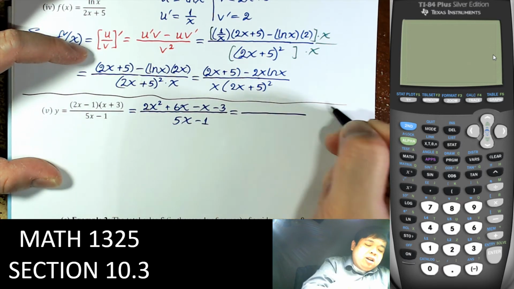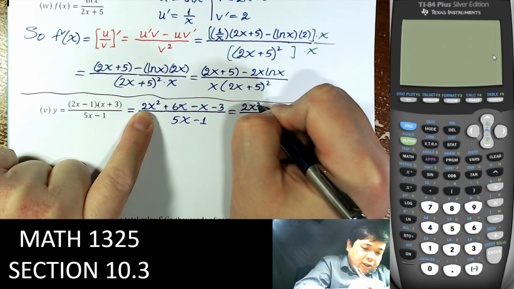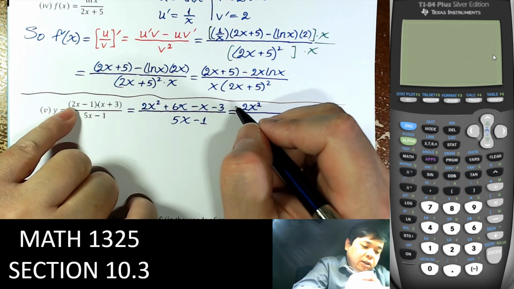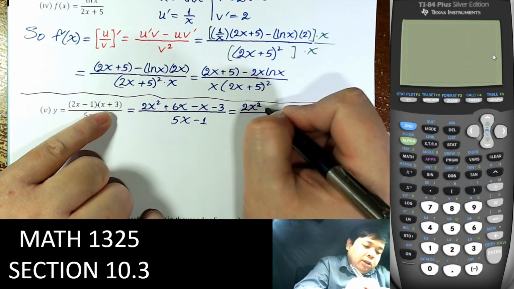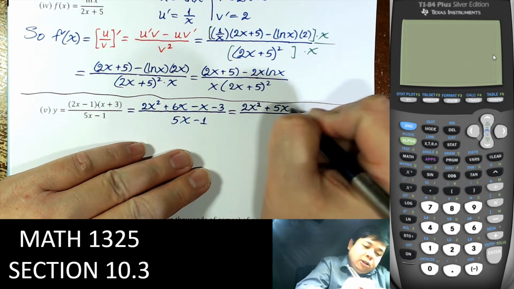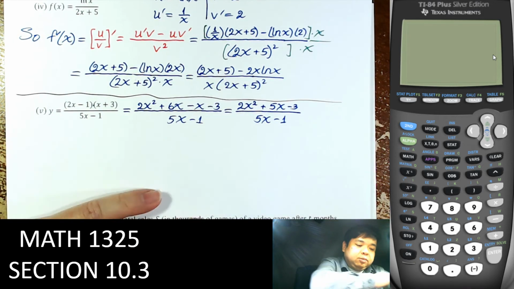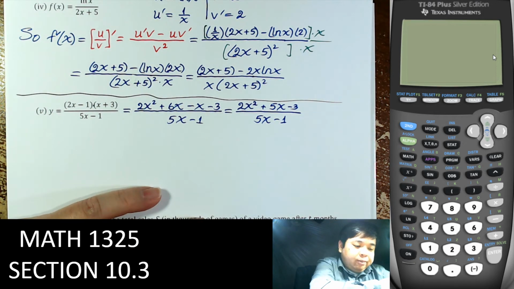I simplify this: 2x square plus 5x minus 3 over 5x minus 1. So that's what we have.